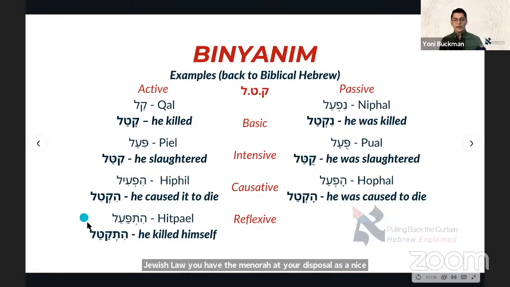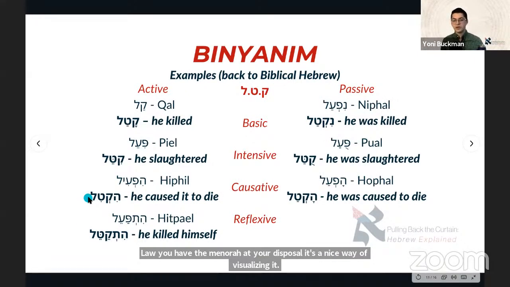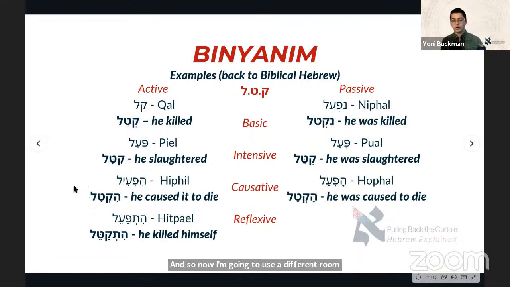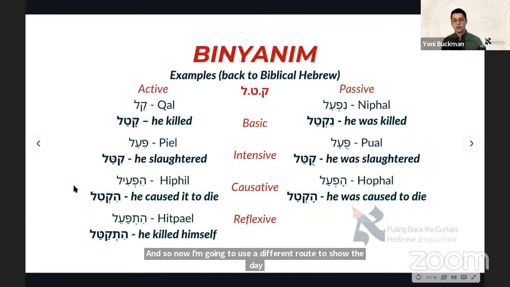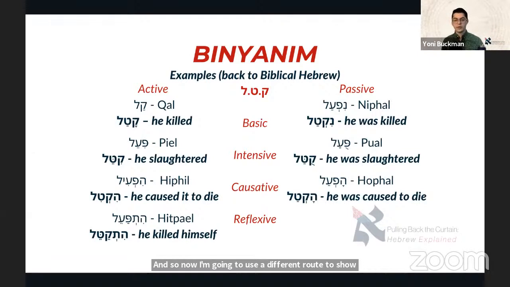And so now I'm going to use a different root to show the difference between each of these verb constructions. I want to use the root kuf tet lamed. One of the reasons why I move away from pa'al is because that ayin is a guttural, and that guttural cannot take a dagesh chazak.